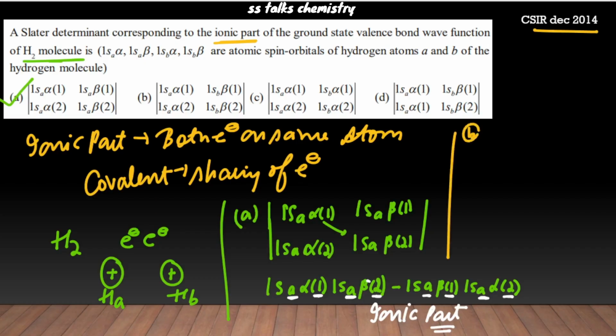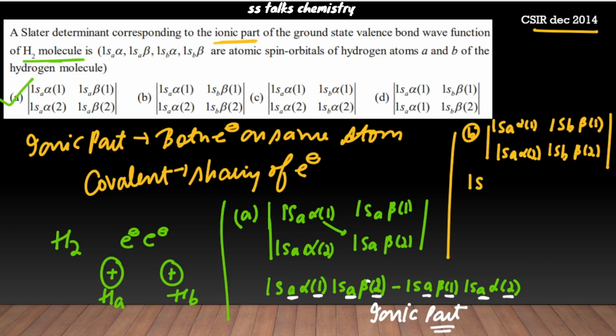So B option, it is 1sA alpha 1, 1sB beta 2, and here it is 1sA alpha, right? So open this, it will become 1sA alpha 1 into the 1sB beta 2 minus of the 1sB beta 1 into the 1sA alpha 2, right?